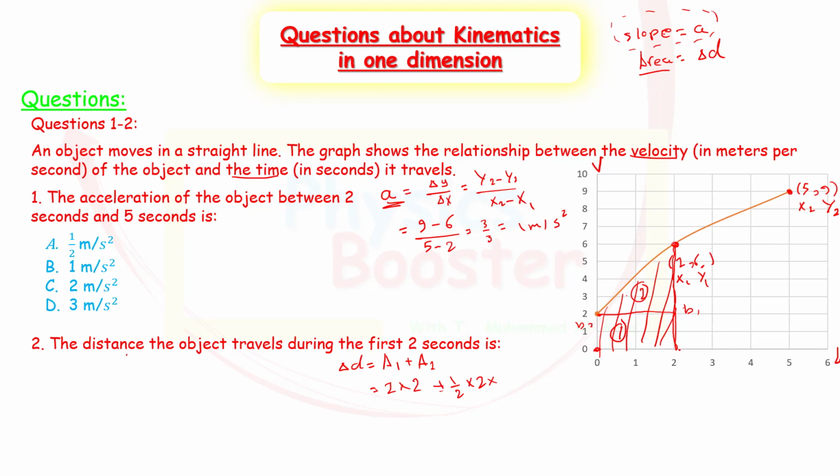Now the height is from 6 to 2. Some of you may just plug in the number 6. No, we need to be careful. The height is from here to here, so it's from 6 to 2, so it's only 4. This gives us 4 plus 4, which is equal to 8 meters. Let's see our choices. So the choice is C.